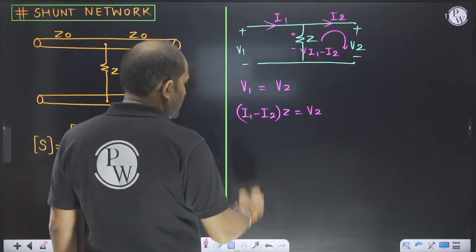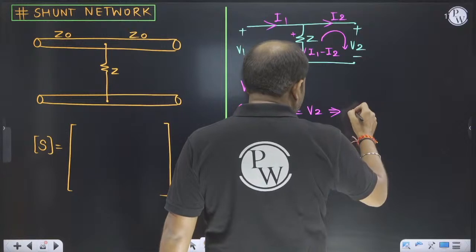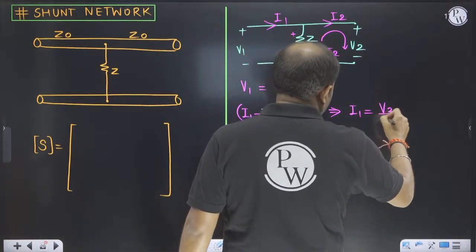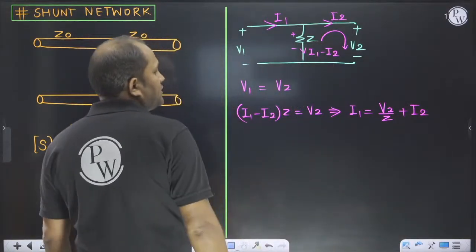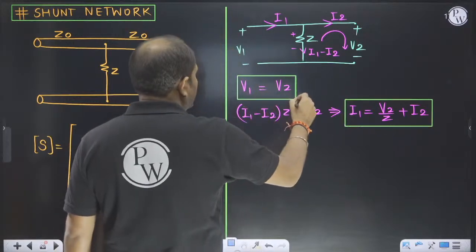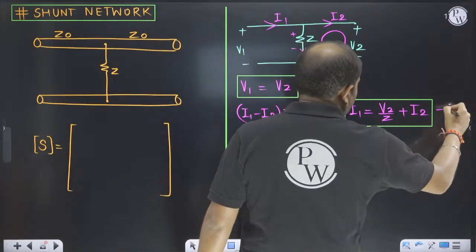So I1 is equal to V2 upon Z plus I2. So you will get I1, I2, V1, V2. This is the second equation.